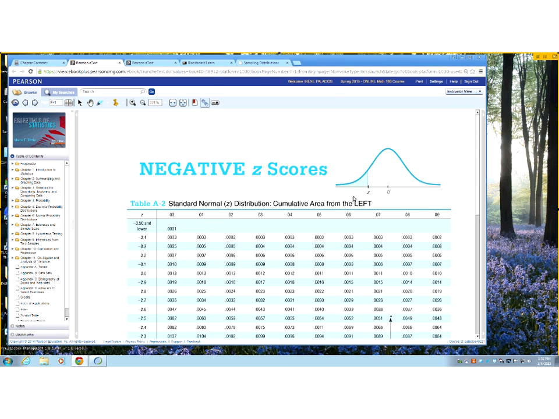Okay, so this is what I was talking about. If you go back to this table, notice that it's for a standard normal distribution. So we're relying on the fact that we have a normal distribution. This being the standard normal distribution, we are relying on the fact that this is what our distribution looks like.